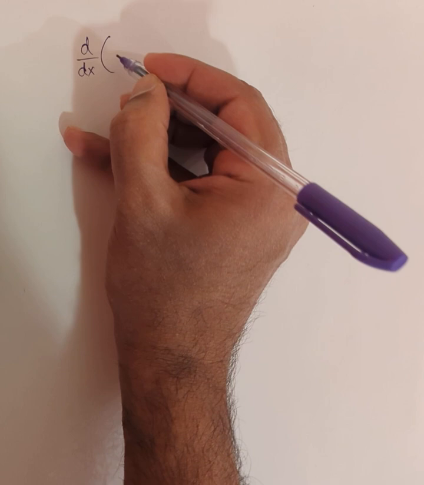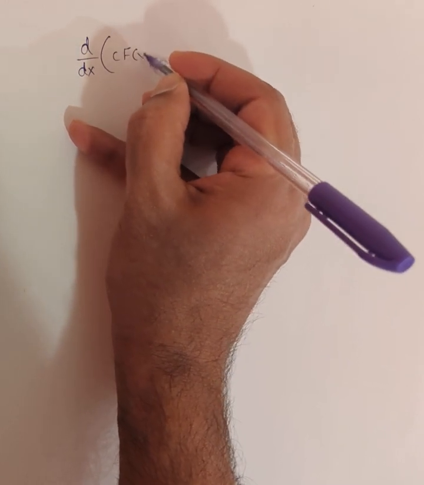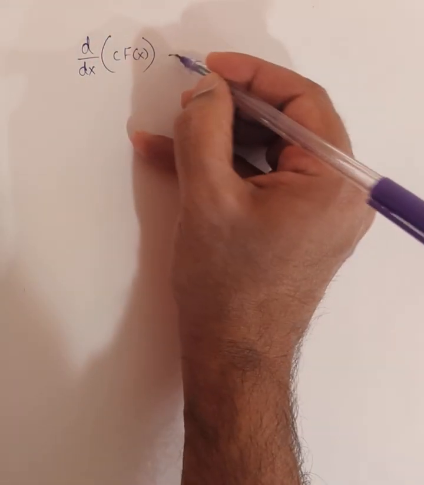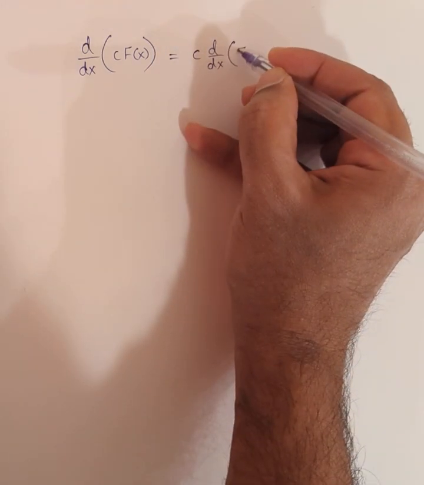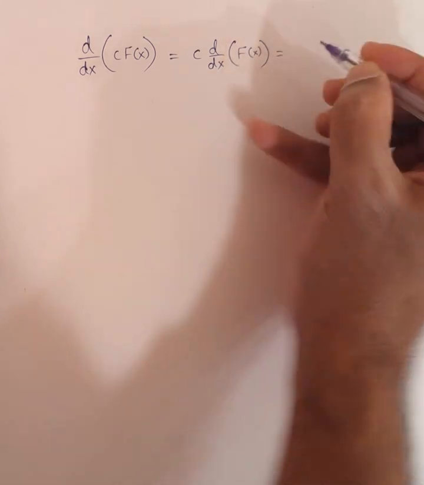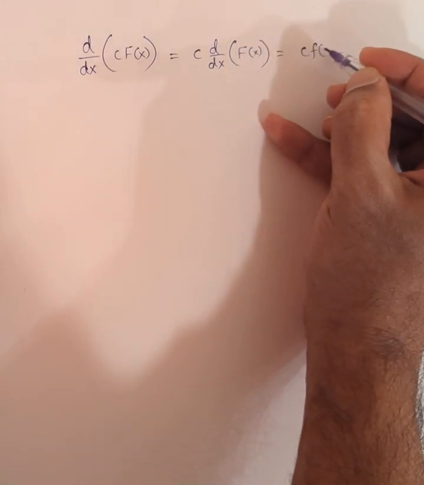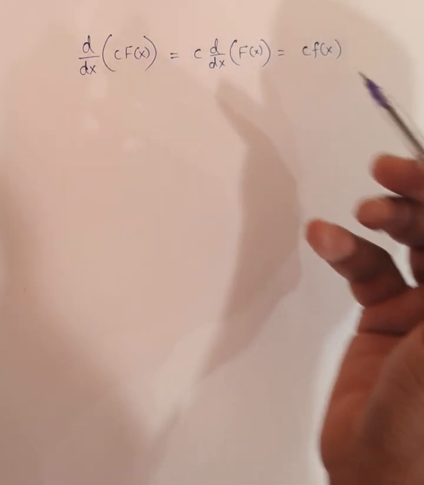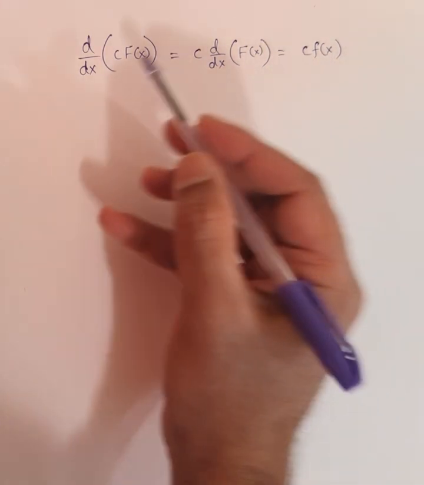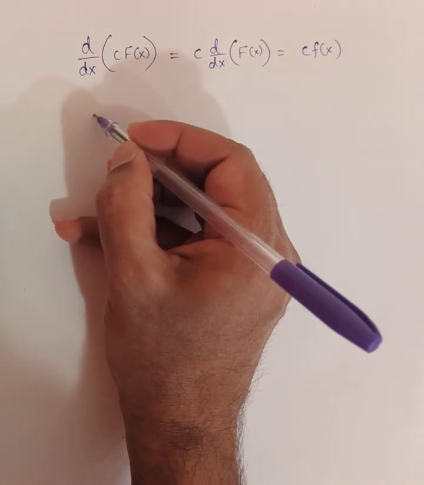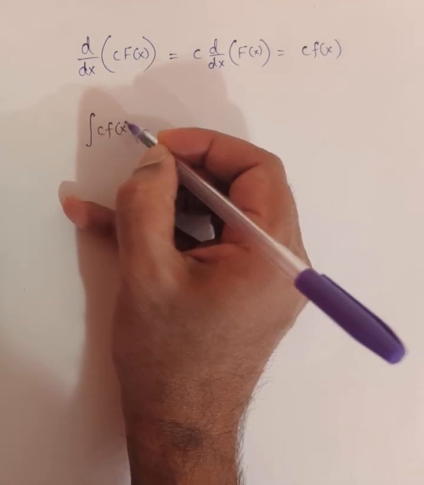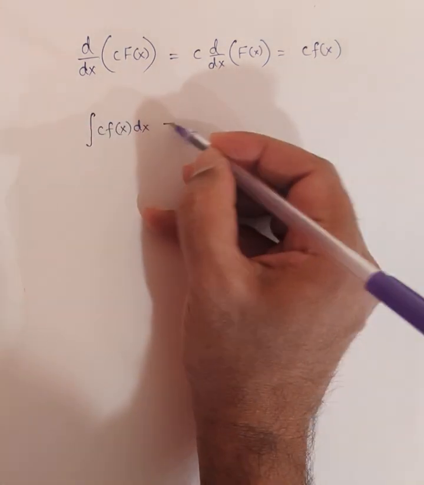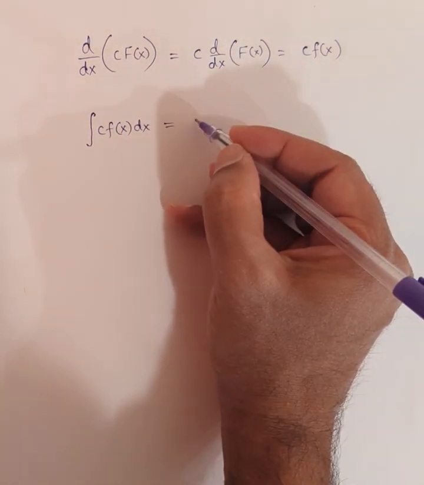Now, the derivative had the constant multiple rule, so let me just rewrite that. So the derivative of c times F of x is c times the derivative of F of x, which is c times lowercase f of x. Now notice, if I were to integrate this, I'm going to get that. So the integral of c times lowercase f is the same as c times F of x.